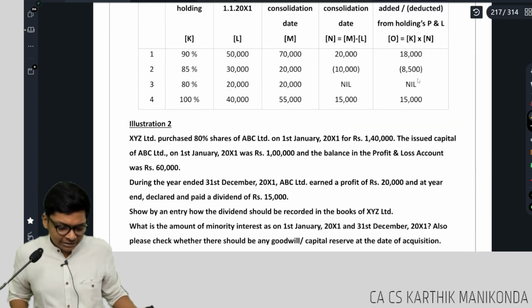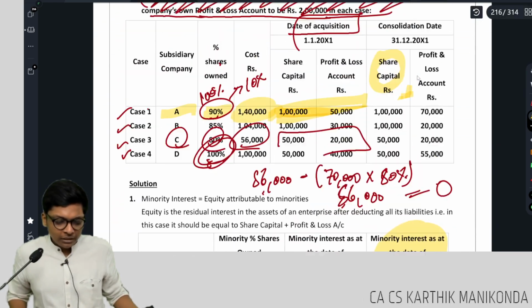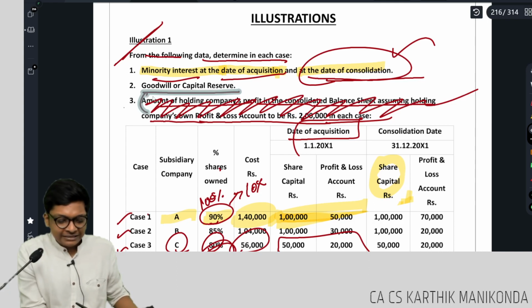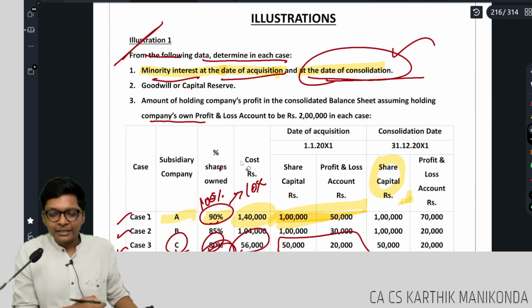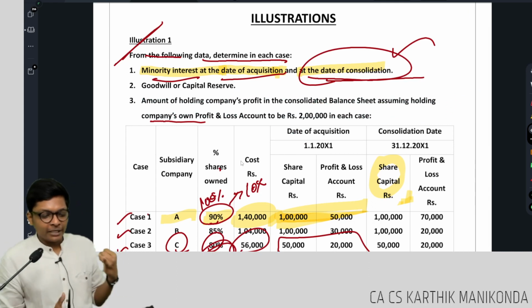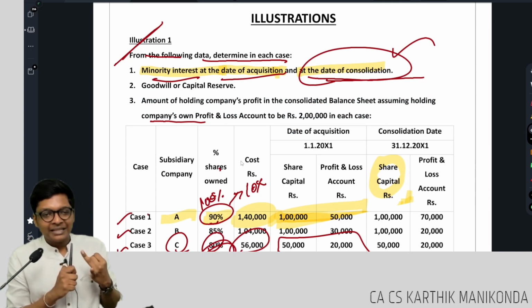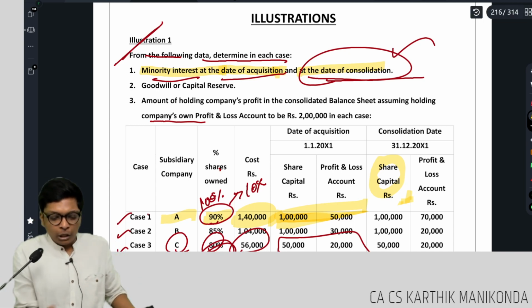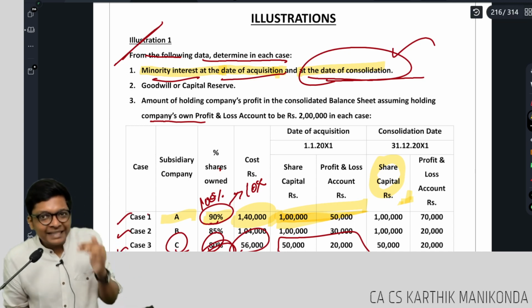Let's go to illustration number 1. In 1 we finished everything, but that time I told you this third part I will do later. Correct? In illustration 1 we computed minority interest, and we computed goodwill or capital reserve in all the 4 cases. Now you read this third line, you will teach me how to do it.